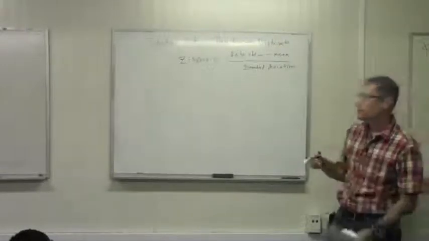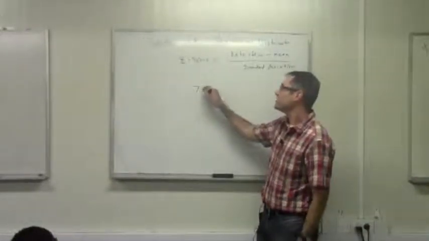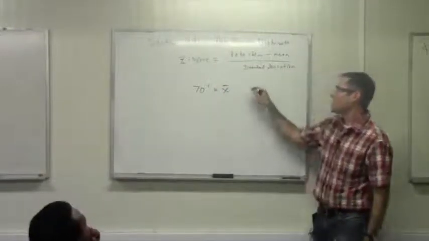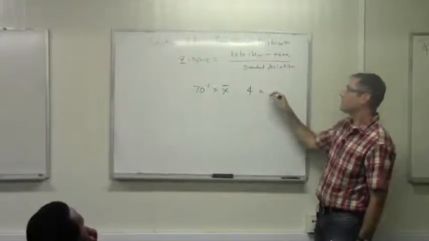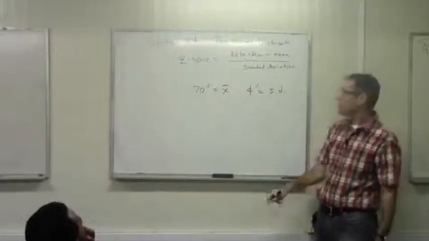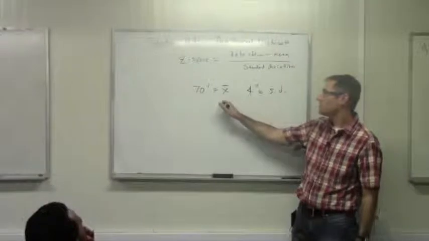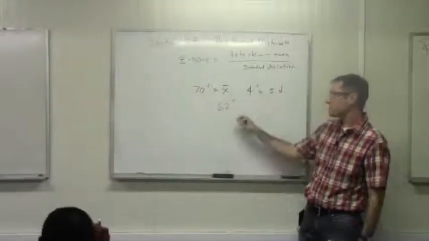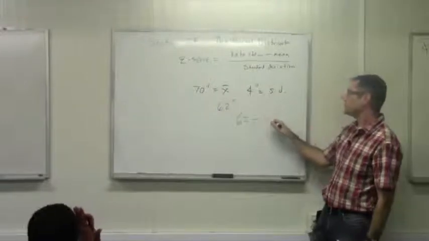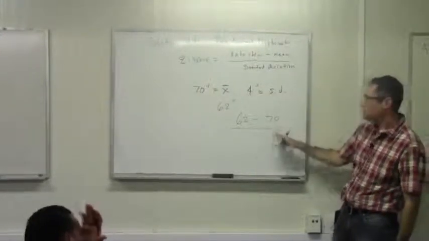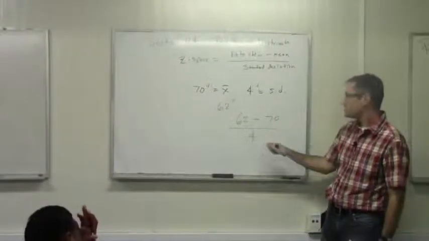Which is exactly what we had before. We went from 70 inches, which is the mean, and we said 4 inches is the standard deviation. And we wanted to know the z-score for somebody who was 62 inches tall. It's easy. 62 minus 70, because that's the data item, minus the mean, divided by the standard deviation.